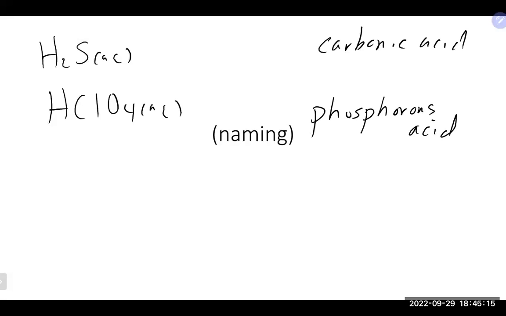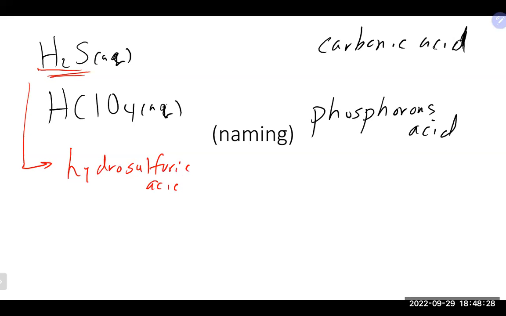All right, let's do names on the left there and formulas on the right. Take a look. So we'll start with the first one here. I do not see any oxygen. So we're going to then go into our hydrosulfuric acid. Again, the sulfuric part coming from there. Any questions on that one there?